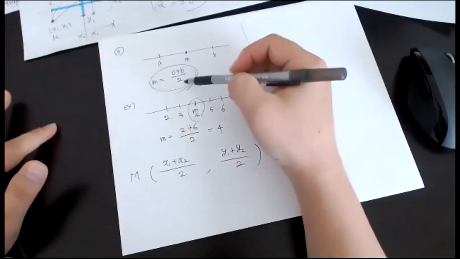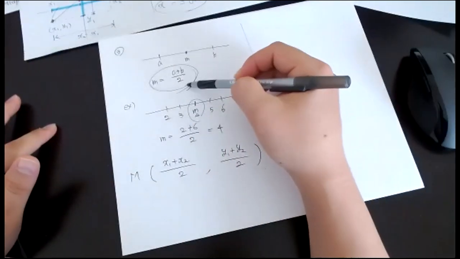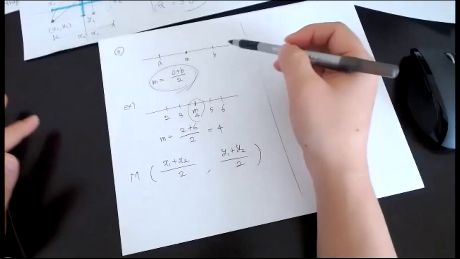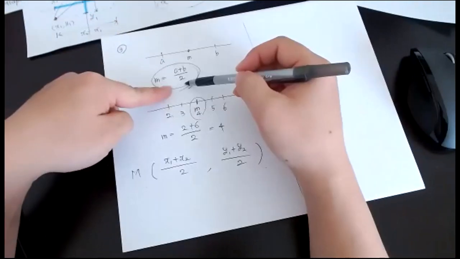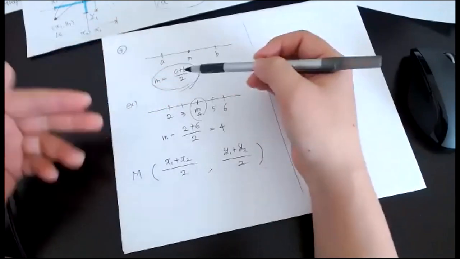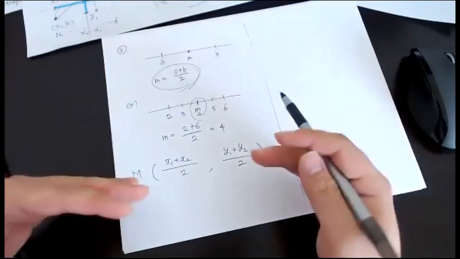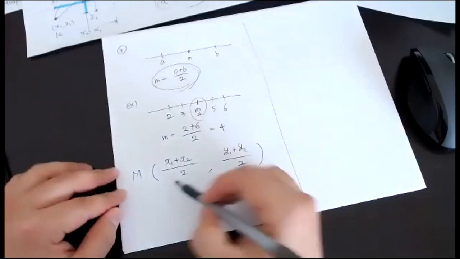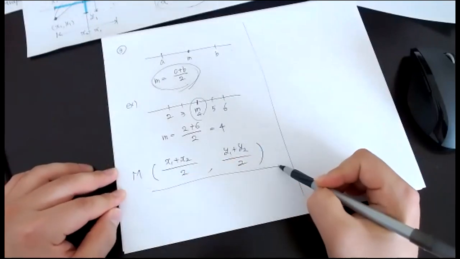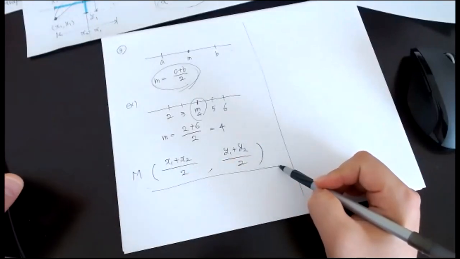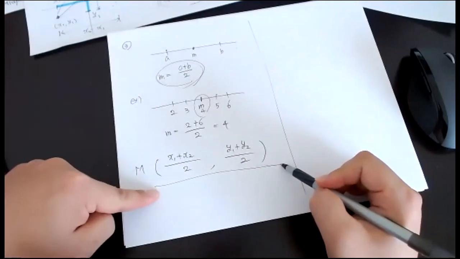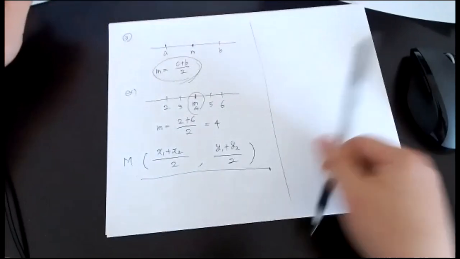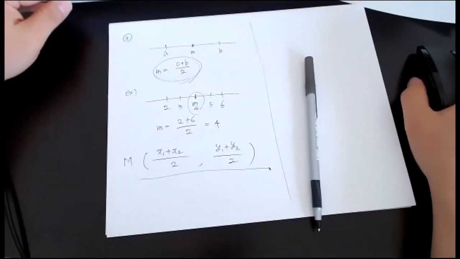As long as you know the formula for the midpoint between two numbers on the number line, you apply it to the x coordinates and the y coordinates, the x axis and y axis, sorry, and you get this. The only thing is you have to memorize it, or memorize it and then derive it. Now, let's see an example.